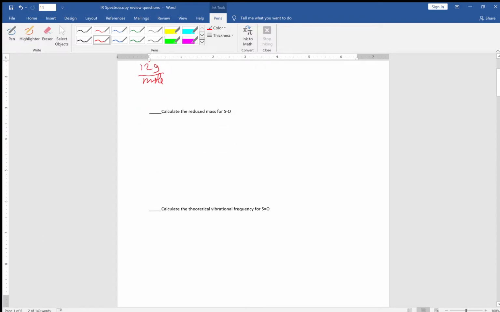Question number 2. Calculate the reduced mass for a sulfur and an oxygen. We need to do this in kilograms. So the first thing we have to do is convert the oxygen and the sulfur into mass in kilograms.